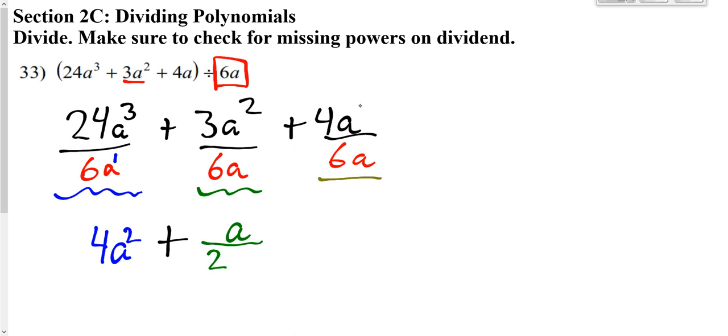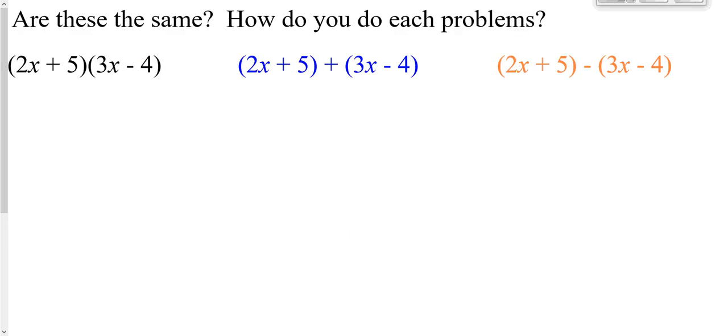Here we have an a to the first on top and a to the first on the bottom. They're the same. Our 4 over our 6 reduces down to a 2/3, and we have that plus sign in front. So when you're dividing by one term like this, you can write them as separate fractions and then just simplify.